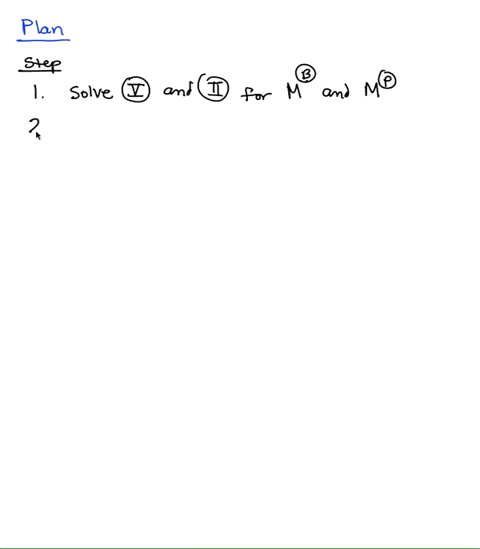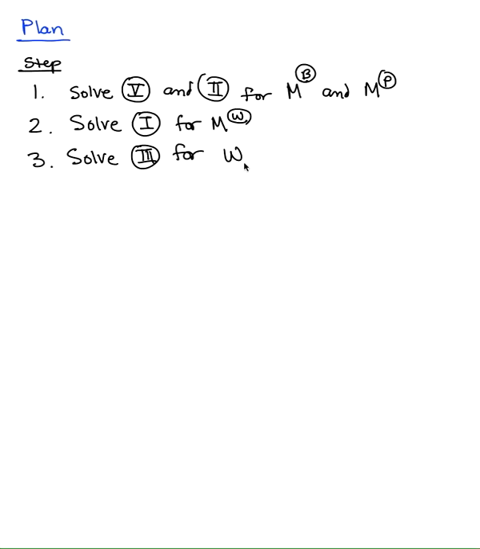And then after that, you'd have enough information to solve equation 1 for the mass of stream W. And you would then have enough information to solve equation 3 for the mass fraction of water in stream P.